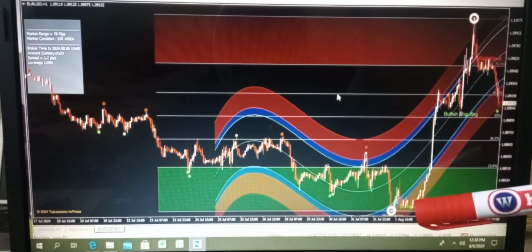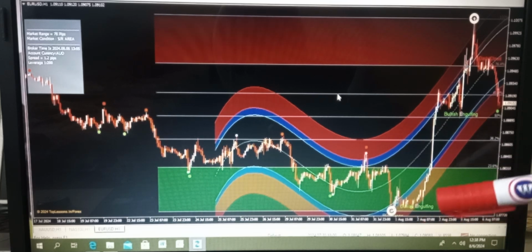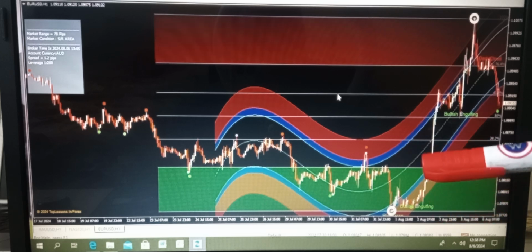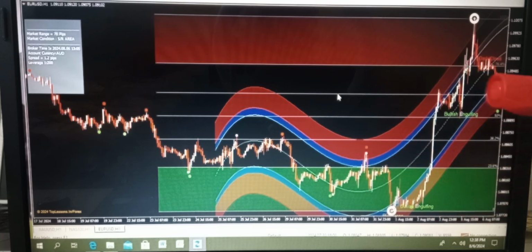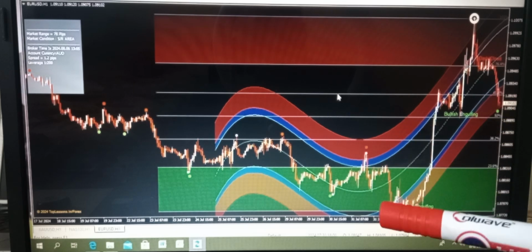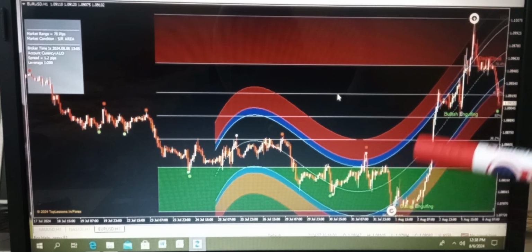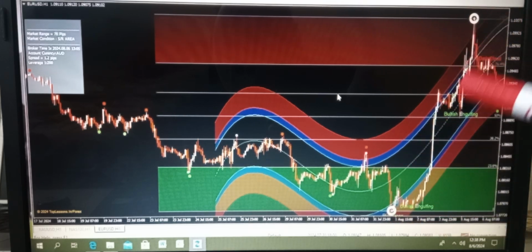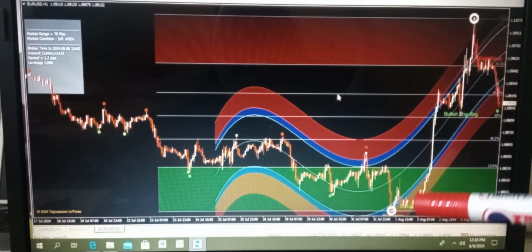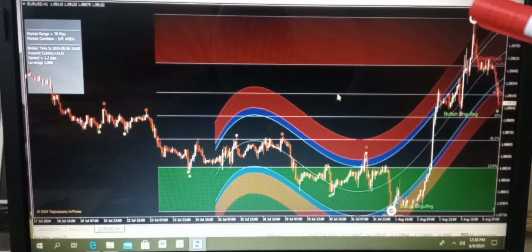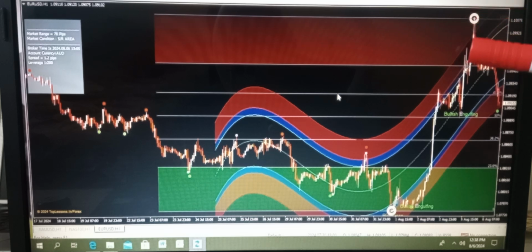So once you get a signal at the support, you must hold for days, or at least for a long period of time. You can just imagine, from this level going up to this level, how many pips have been made at these zones, and also how many pips were collected from this signal at the resistance level.